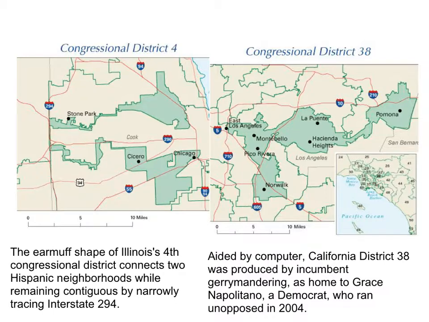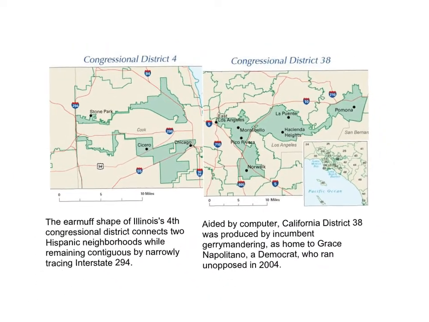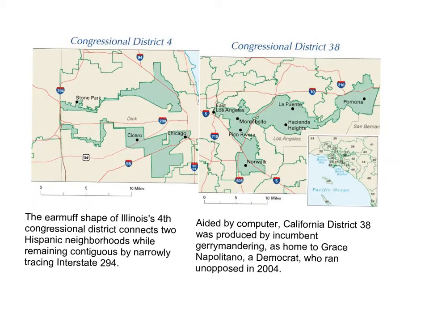Here's another congressional district in Illinois that we can see an example of gerrymandering. The earmuff shape of Illinois' 4th congressional district connects two Hispanic neighborhoods while remaining contiguous by narrowly tracing Interstate 294.